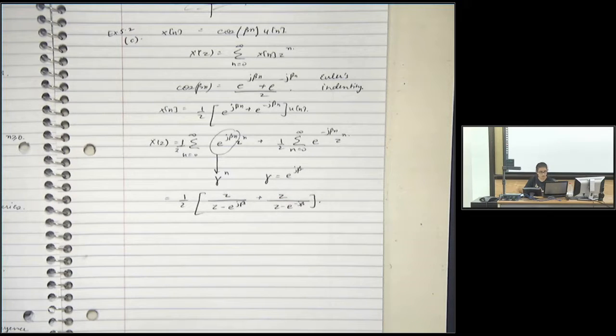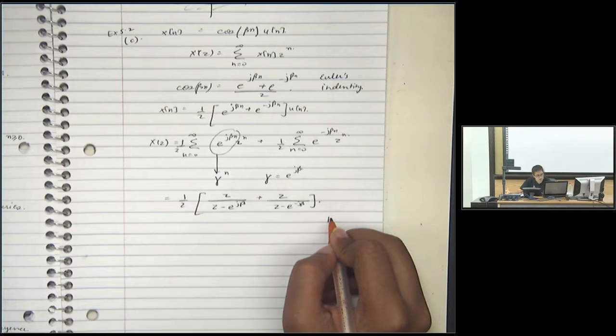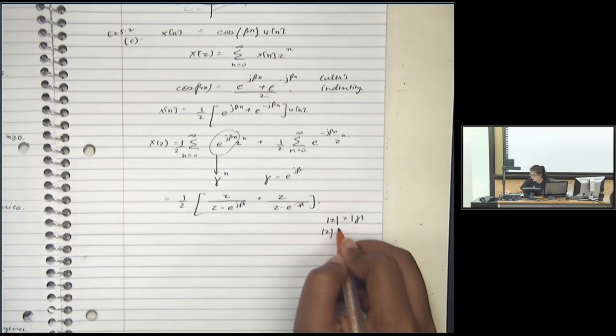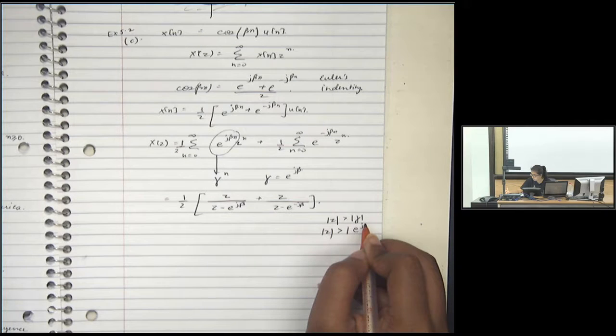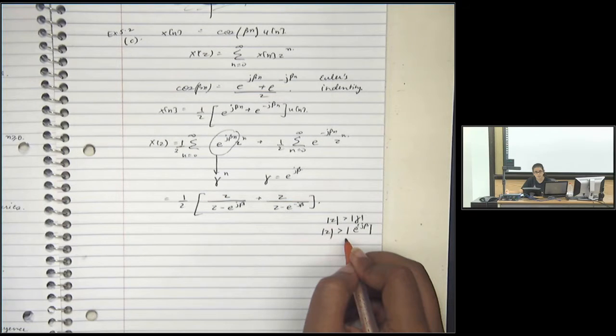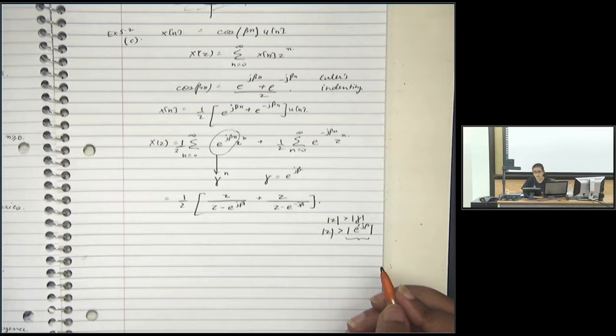Any questions on this? And for this to happen, my absolute value of z again has to be greater than absolute value of gamma, and gamma in this case is e raised to power j beta, plus or minus, right? And what is this value? 1, correct.